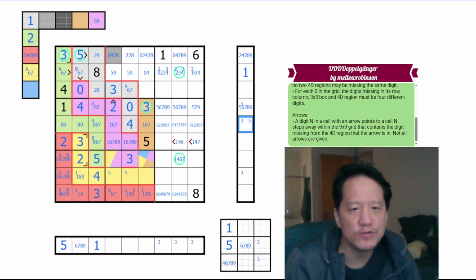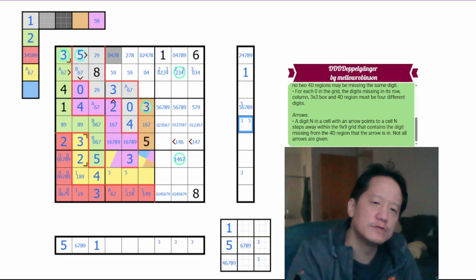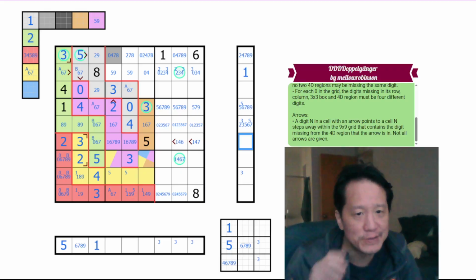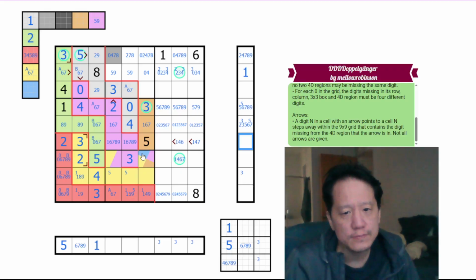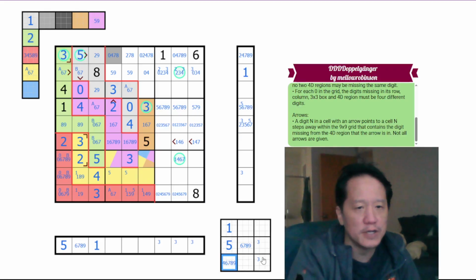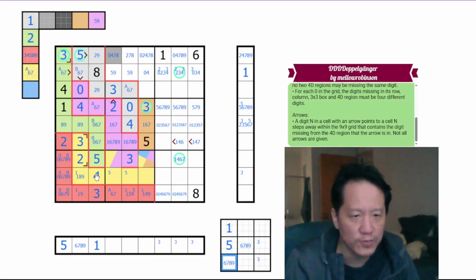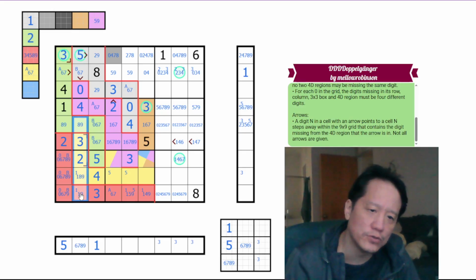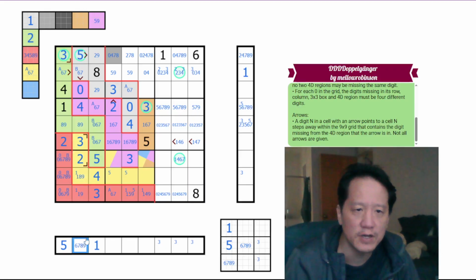Digits missing in row 5 could be 2, 3, 5, 6, or 7. Okay. We are not missing a 4 in box 7 because of the 4 here. Oh, we have a 1, 8, 9 triplet in column 2, which eliminates 1, 8, 9 in the rest of the column.